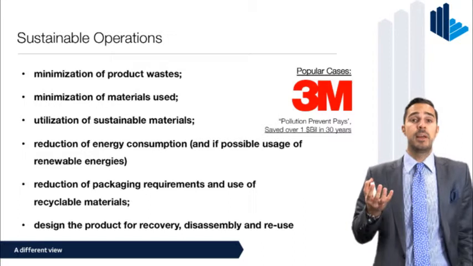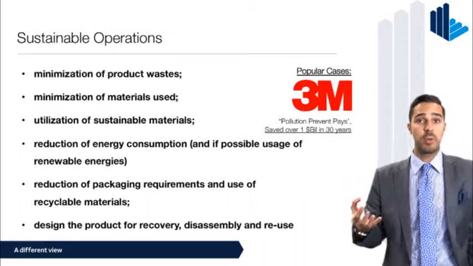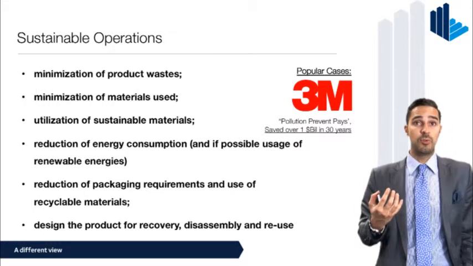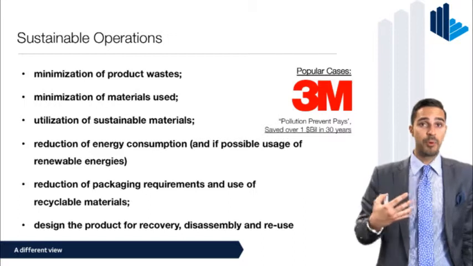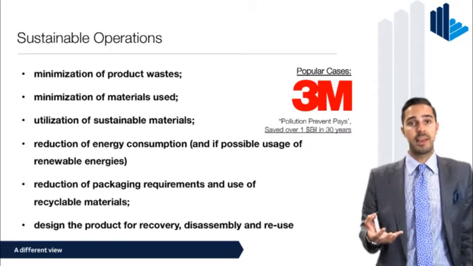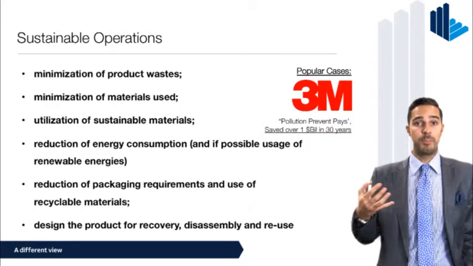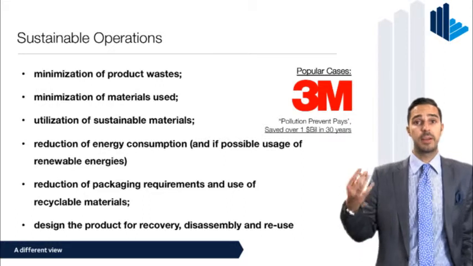So often you can create win-win situations where, even if you do investments, you are actually going to improve your processes in a way that besides, for example, a positive environmental performance, you are also saving on costs.